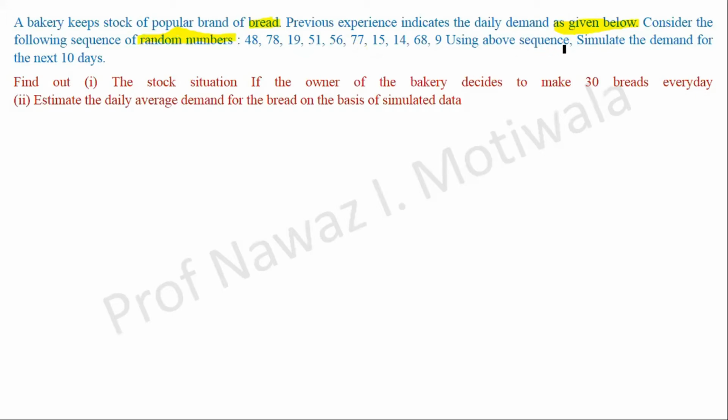Using the above sequence, you need to simulate the demand for the next 10 days. So here you can see that we need to predict or simulate what will be the demand for the coming 10 days with the given data. We are also required to find out the stock situation if the owner of the bakery decides to make 30 breads every day.